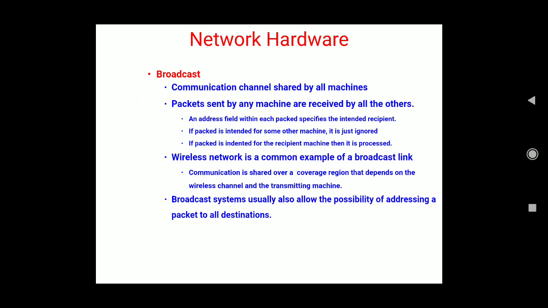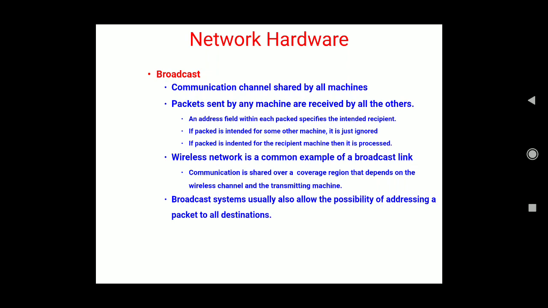Now to be able to send that particular packet to a specific machine, an address field within each packet specifies the intended recipient. To which node or machine this packet is to be sent is given by a particular header field inside the packet. The destination address of the machine will be specified here.